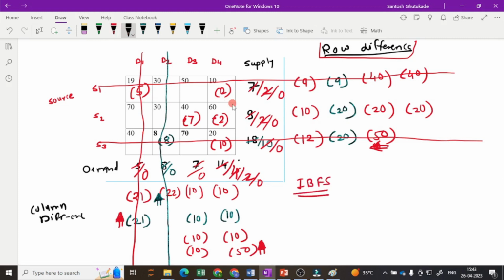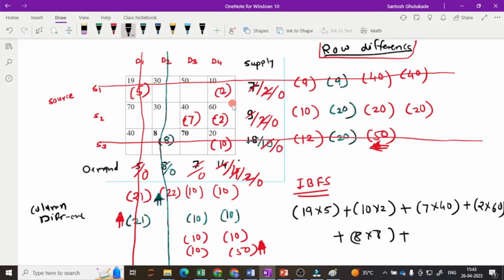Here we have supplied 5 products at the cost of 19 rupees. So 19 into 5, plus 10 into 2, plus 7 into 40, plus 2 into 60, plus 8 into 8, plus 20 into 10.